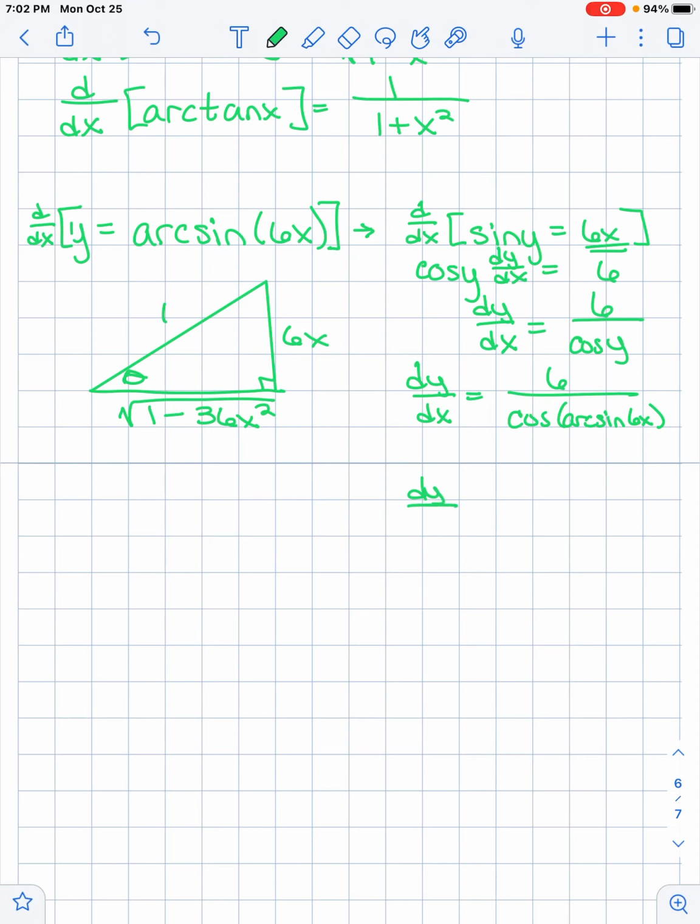So the derivative of the arcsine of 6x looks a little bit different. I hope you're starting to generalize what just happened. How is this different when we have an inner function like 6x? How did the derivative of arcsine x change?